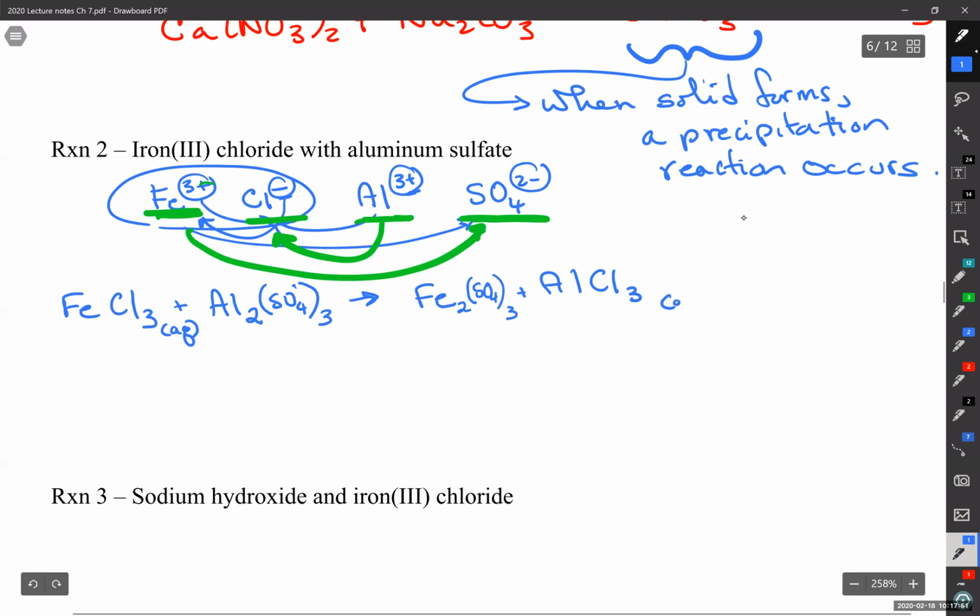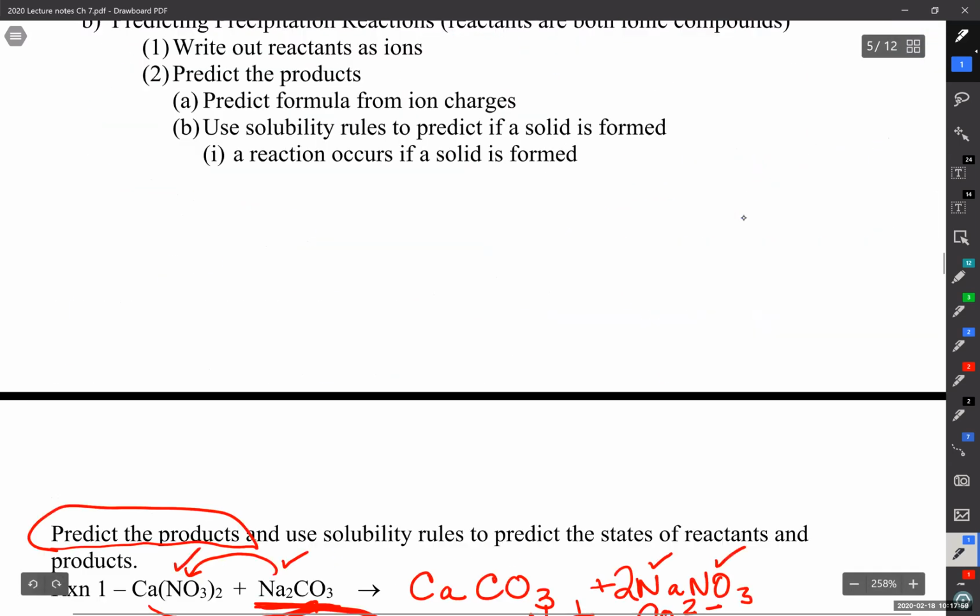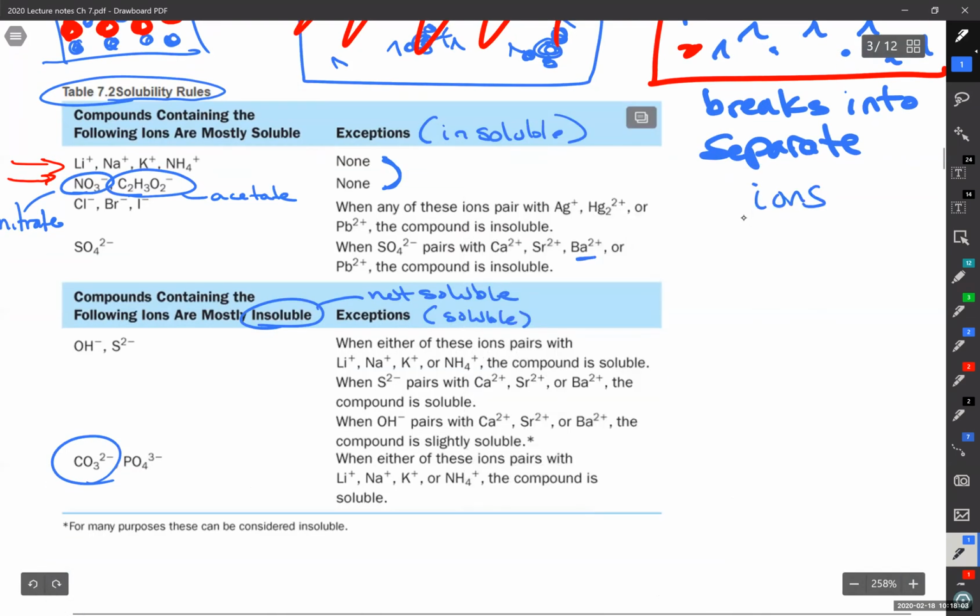This is aqueous, AQ. And now I have to look at the sulfates. Sulfates are generally soluble. When sulfate pairs with calcium 2+ and strontium or barium or lead, it's insoluble.